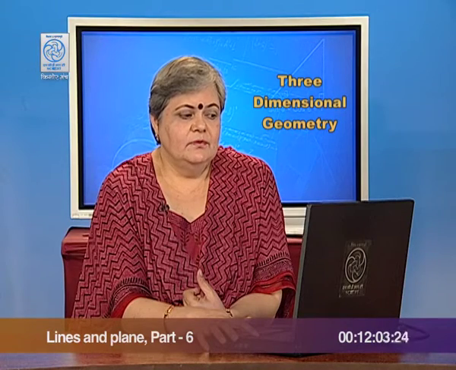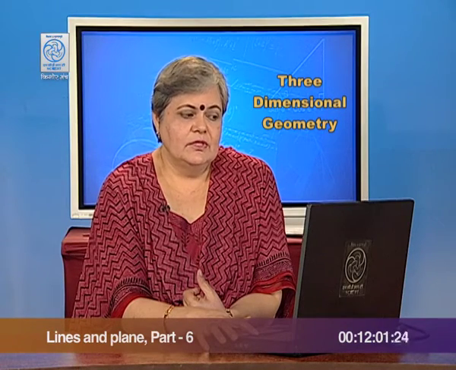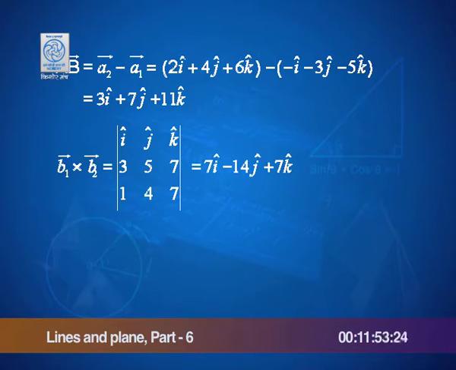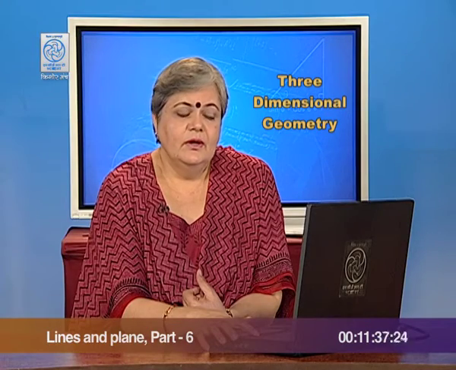In this case, the vector AB, which is A2 minus A1, comes out to be 3i cap plus 7j cap plus 11k cap. Let us see what B1 cross B2 looks like. Using again the determinant form, I get B1 cross B2 to be the vector 7i cap minus 14j cap plus 7k cap.